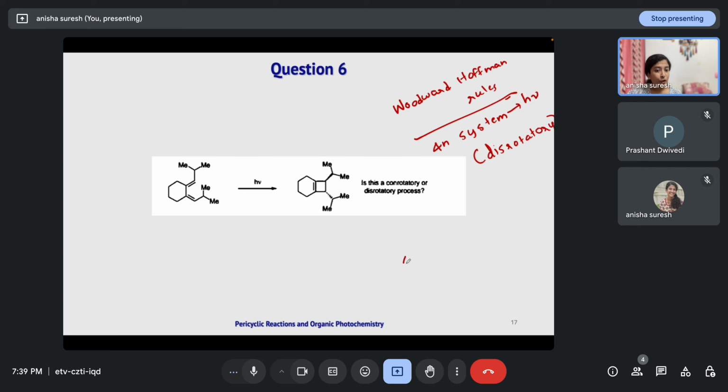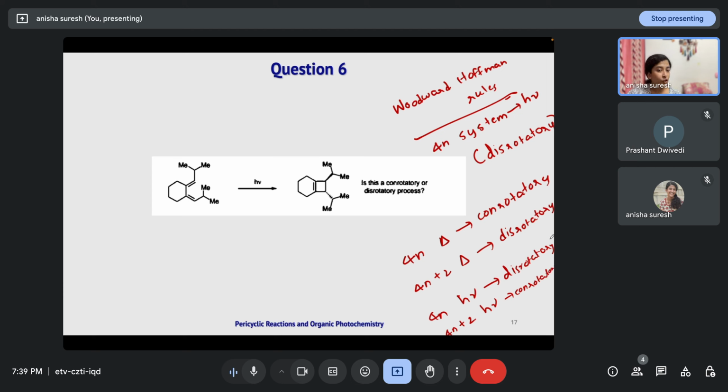Okay. 4n delta, that is, 4n thermal condition is conrotatory. 4n plus 2 delta is disrotatory. Then 4n h nu is disrotatory, and 4n plus 2 h nu is conrotatory.